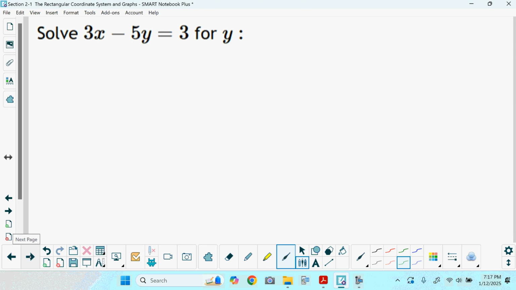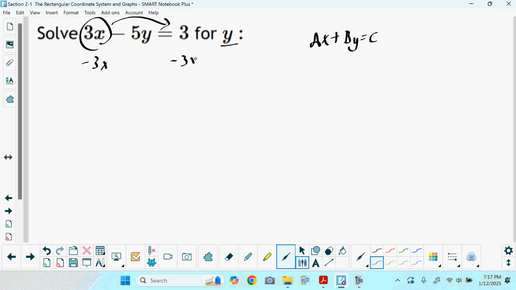All right, so solve 3x minus 5y equals 3 for y. Well, this is in standard form. Remember that standard form is ax plus by equals c for a linear equation. So in order to solve for y, we have to get this over to the other side. That's a positive 3x, so we'll subtract 3x.